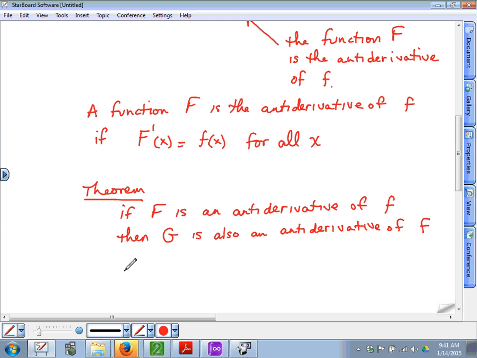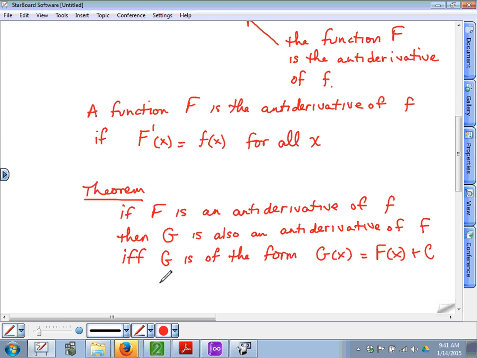here's a little shortcut, if and only if, you do two f's, just by the way. That means if and only if in shorthand. If and only if G is of the form G of x equals capital F of x plus C. Isn't that what you guys just did?